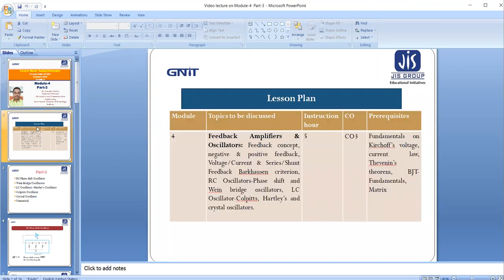Before going to the detailed discussion of module 4 part 3, let us review the lesson plan of this module.